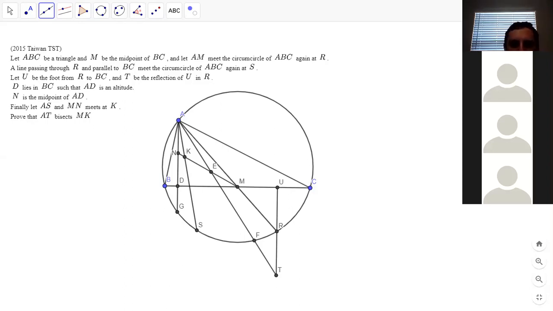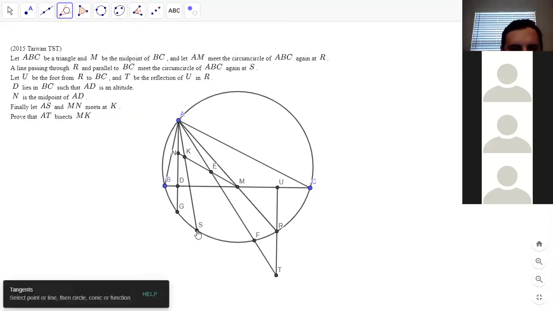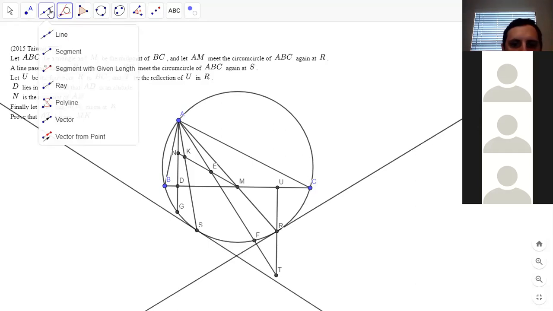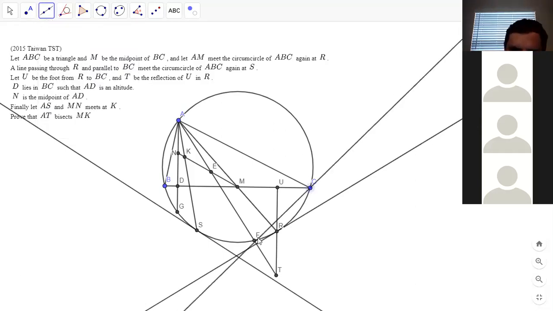Is SFRC harmonic? Let's see. If I draw the tangents, and then I draw FC, I don't think so.